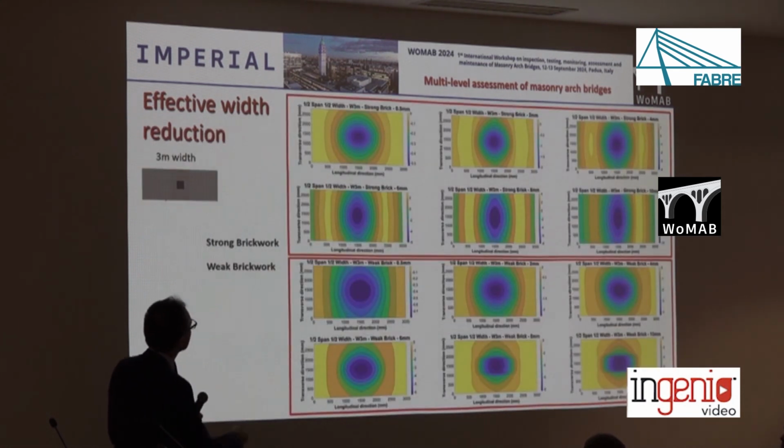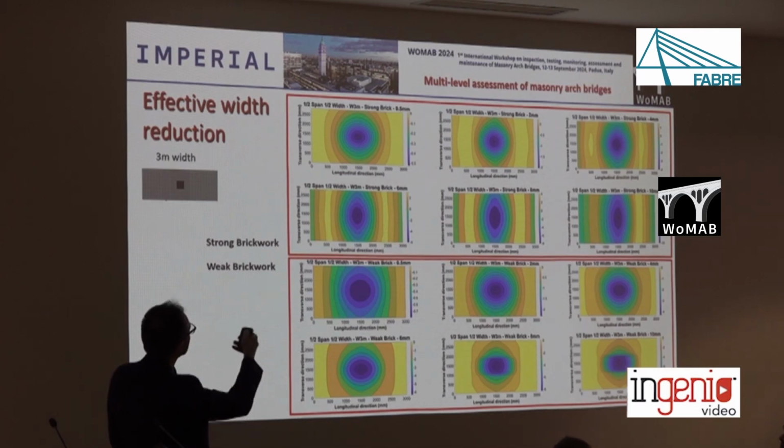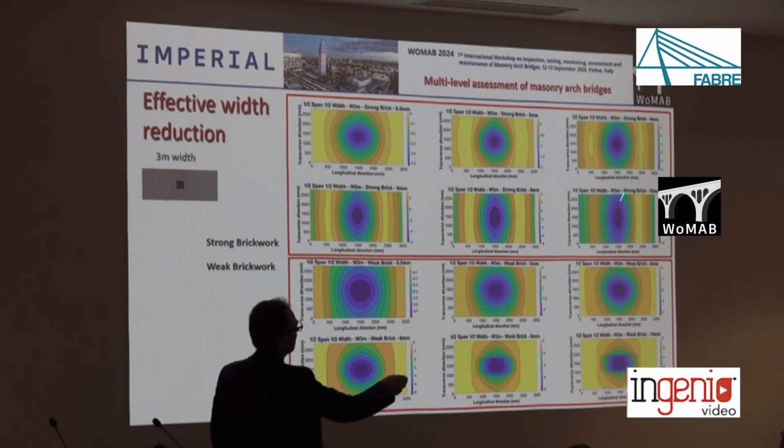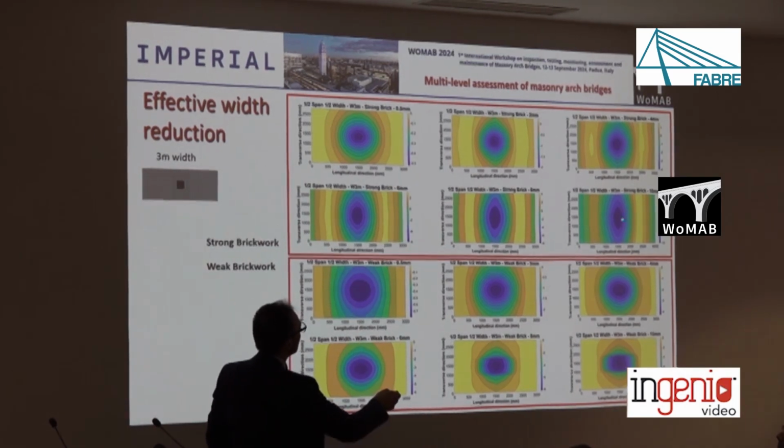So we can look at this interesting view. This is the contours of vertical displacements at different loading levels, so different displacement levels, strong brick, elastic response, and then you see we have a formation of a mechanism. So we have large displacements around midspan where the load is applied and radial cracks form.